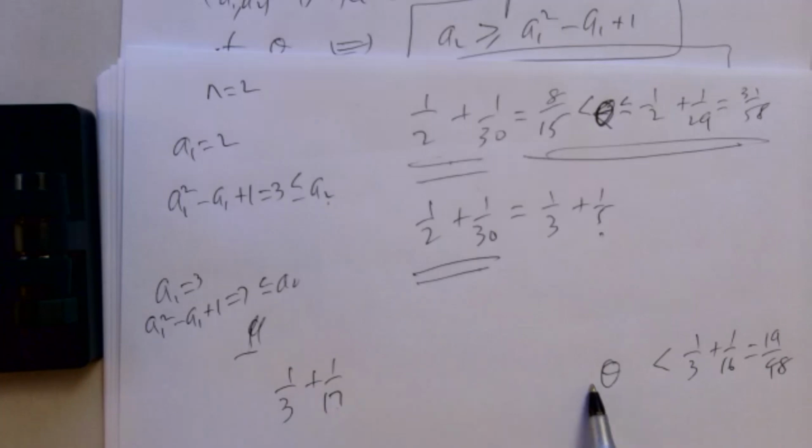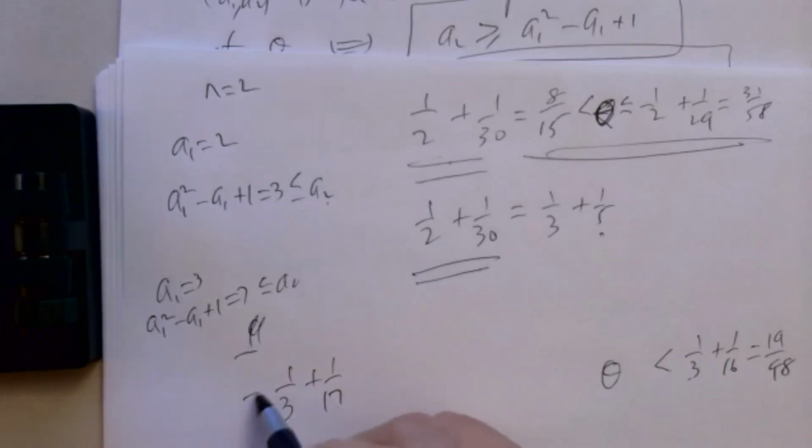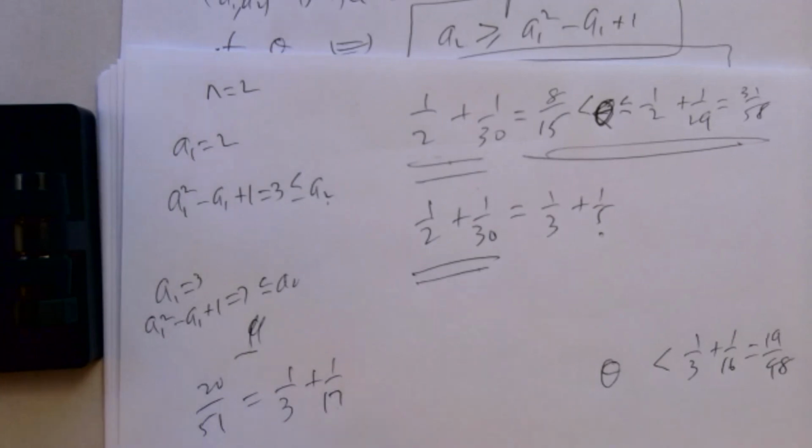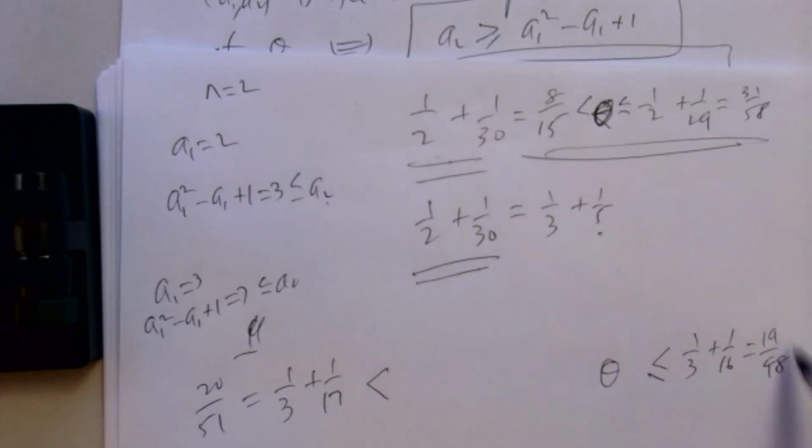If you take any number theta bigger than this number, what is this number? This is 20 over 51. If you take any number theta which is bigger than 20 over 51 and less than or equal to 19 over 48, the Egyptian under approximation that you get from the greedy algorithm is 1/3 plus a 17th.